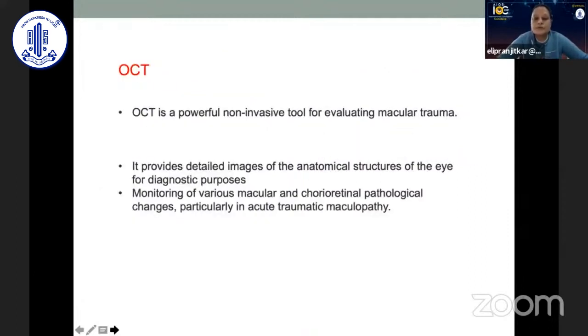Optical coherence tomography is another powerful non-invasive tool for evaluating the macula, especially in case of macular trauma, because it provides detailed images of anatomical structure of the eye for diagnostic purposes, and also monitors various macular and chorioretinal pathological changes, particularly in acute traumatic maculopathy.